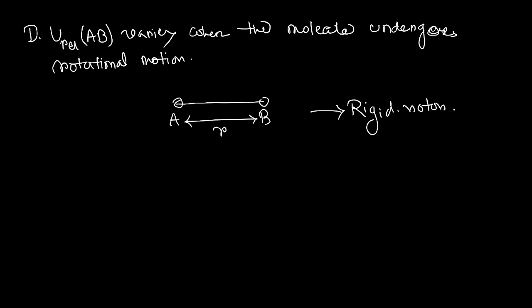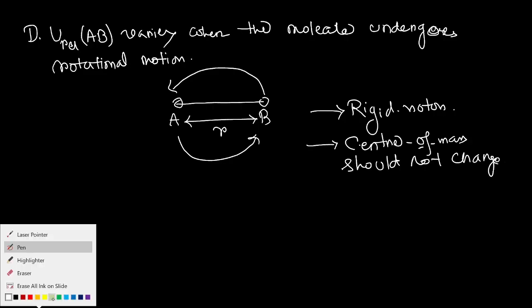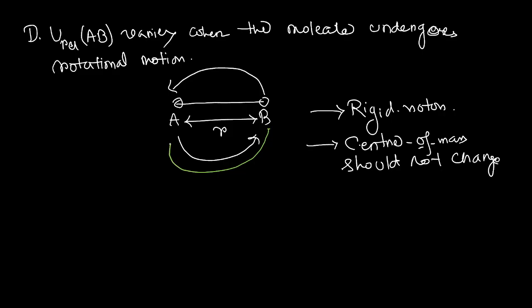Now the rotation of the rigid rotor is like this, so that the center of mass should not change. It can be out of plane also, like that and like that, but the center of mass will not change.